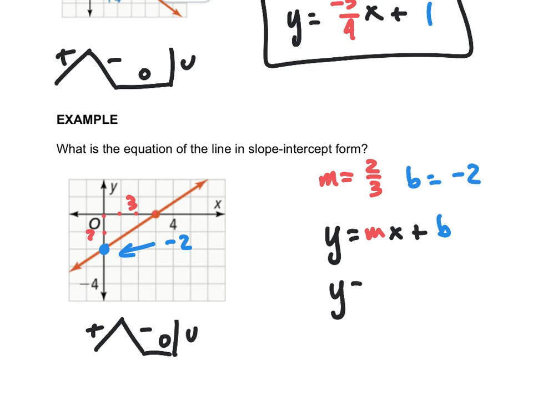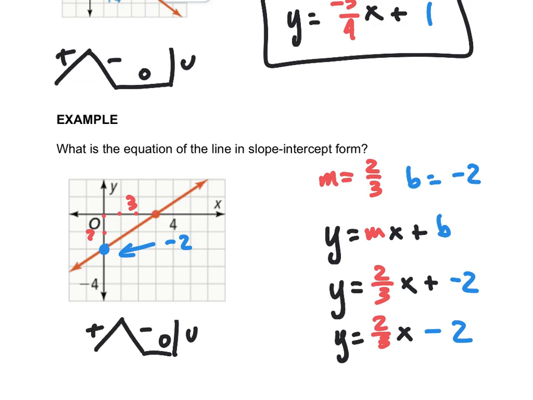And I would write this as y is equal to 2/3 x, and then plus -2, or you could just write this as y equals 2/3 x and then -2. However, it doesn't matter how you write that, okay?